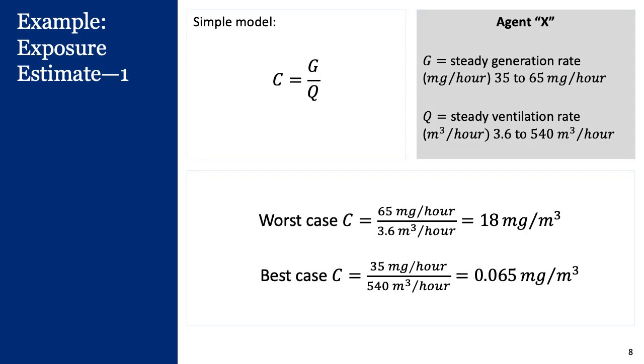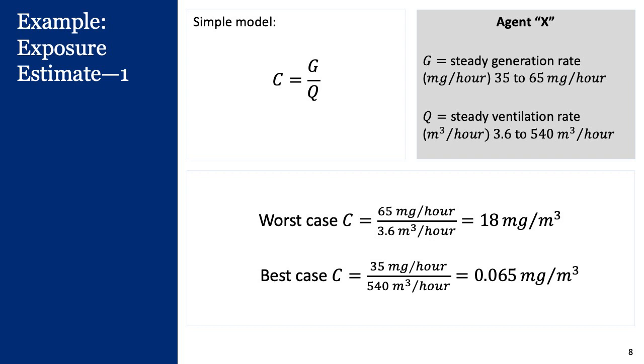So we can run the model and say in the worst case, we have the highest value of G, which is 65, and the lowest value of Q, which is the 0.2 air changes per hour, which for this particular room turns out to be 3.6 cubic meters per hour. And so we get a value of concentration of 18 milligrams per cubic meter. The best case is the reverse.